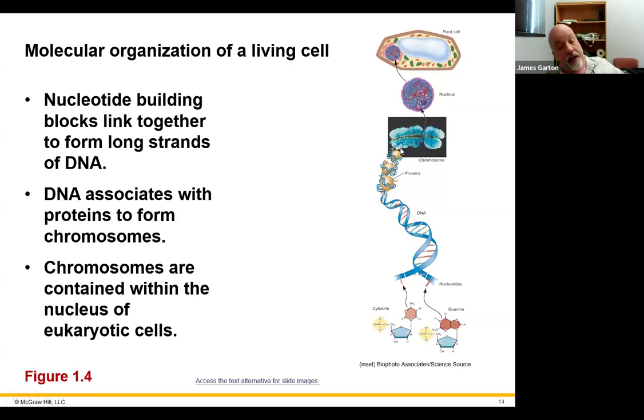In a eukaryotic organism, your chromosomes are within your nucleus, and they will stay inside that nucleus, except that at certain stages of cell division the nucleus breaks down, and therefore the chromosomes are bare at that stage.